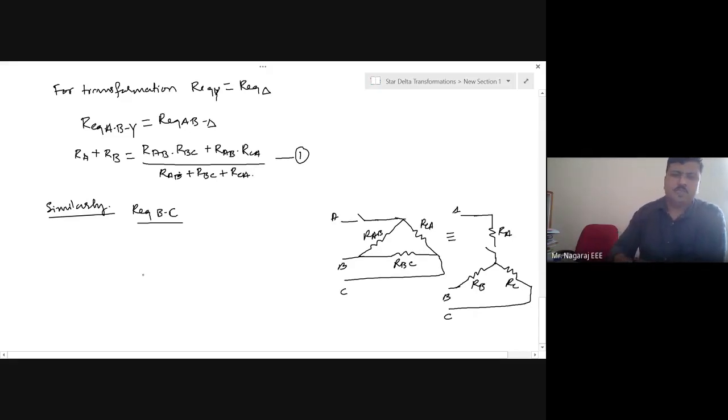So I can write here that RB plus RC is equals to, now RAB and RCA are in series in parallel with RBC. So RBC in parallel to RAB plus RCA.